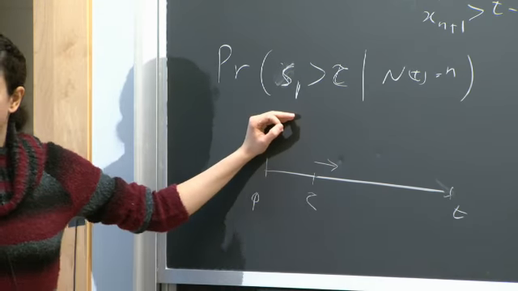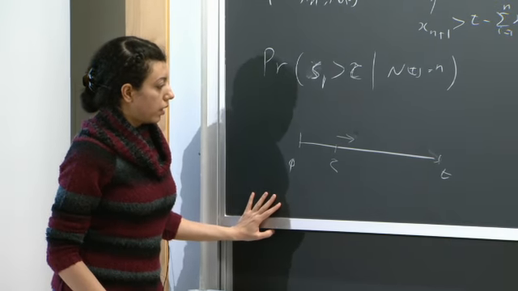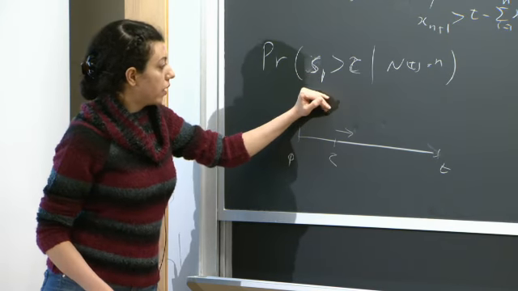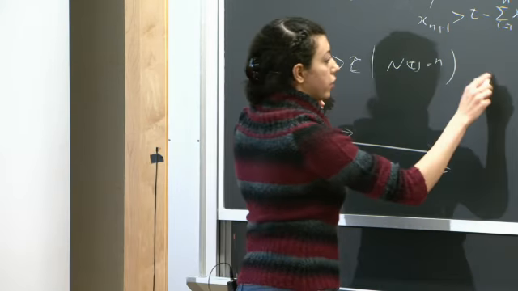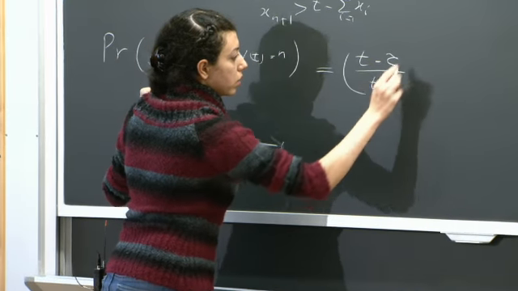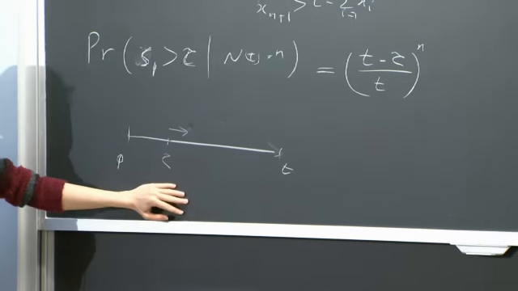And you know that the S_i are also uniform, and that these are independent of each other. So you can say that the probability of this thing is like this one. All of them should be bigger than tau.